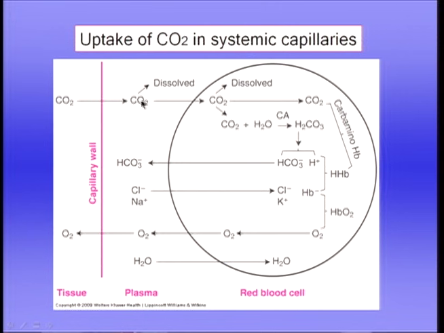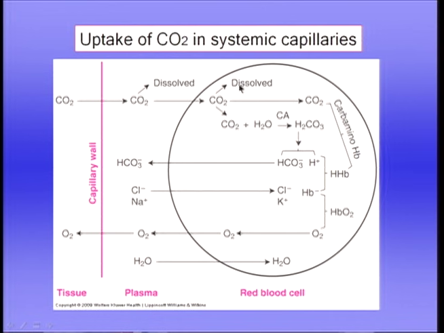But none of it in the plasma will form bicarbonate, because you need the enzyme carbonic anhydrase to do that, and the plasma does not contain any. So not very much occurs in the plasma itself. But once the CO2 diffuses into the red blood cell, shown by this great big circle here, then we can form bicarbonate and the other things as well.